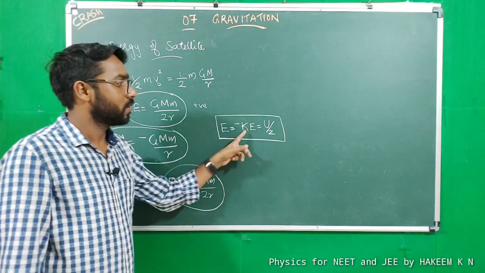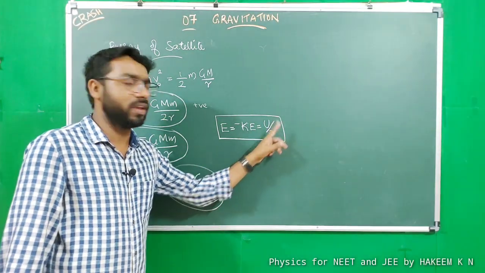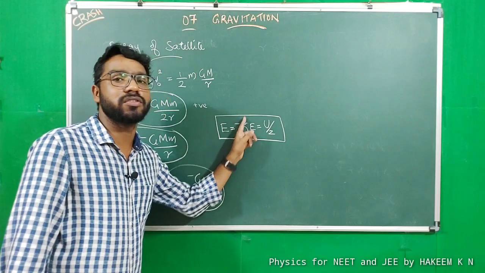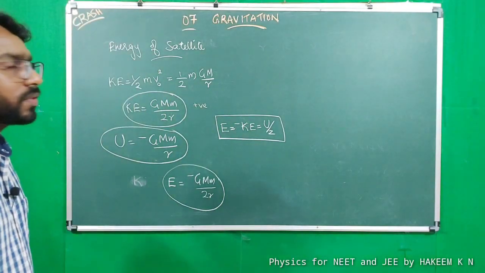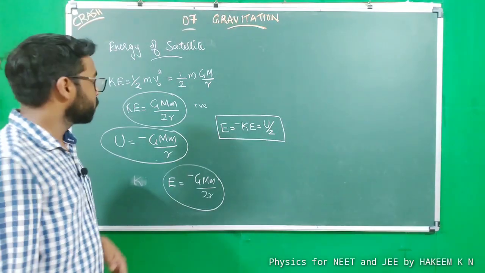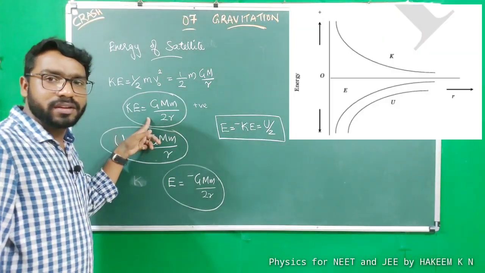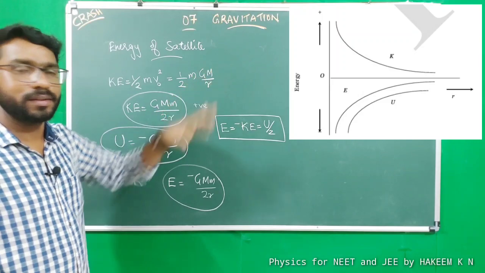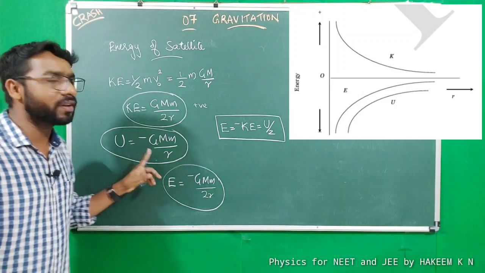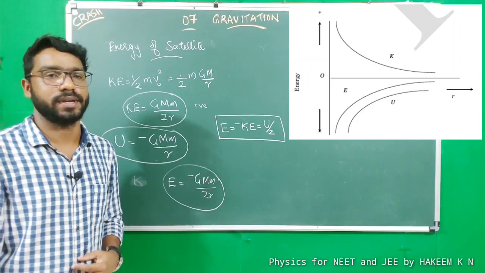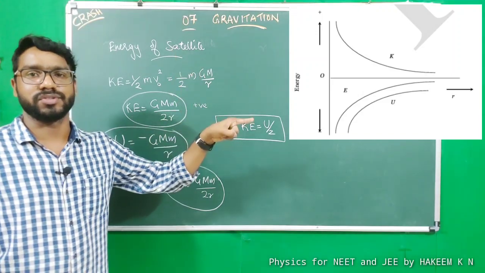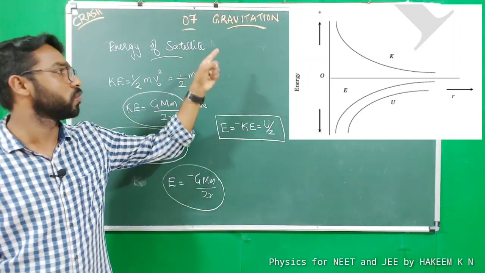Why? Potential energy equals 2 into negative of kinetic energy. So the graph of kinetic energy will come on the positive side, and the graphs of potential energy and total energy will come on the negative side, in the energy versus distance or radius of the orbit graph.